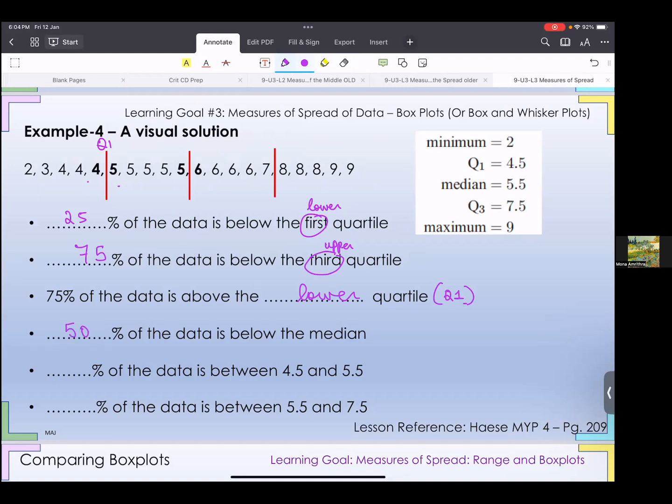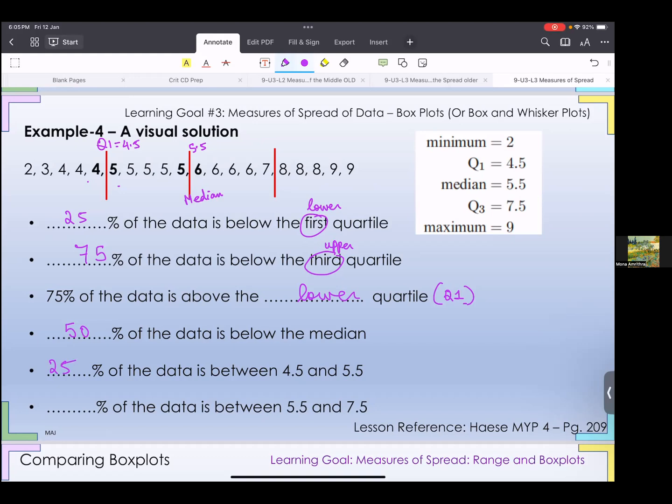What percent of the data is between 4.5 and 5.5? So this is 4.5 and this is 5.5, and that's the median, right? Well, that should be 25%. So 25% of the data is between 4.5 and 5.5.